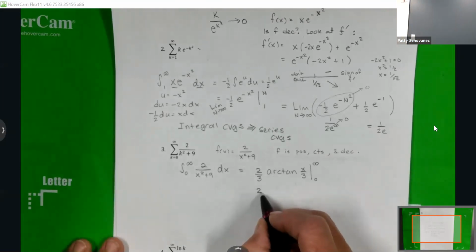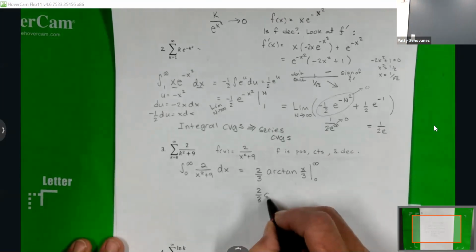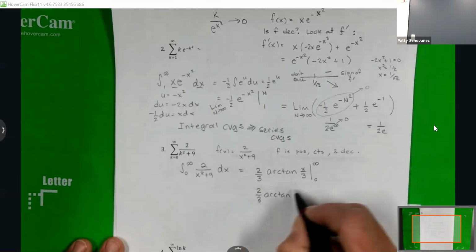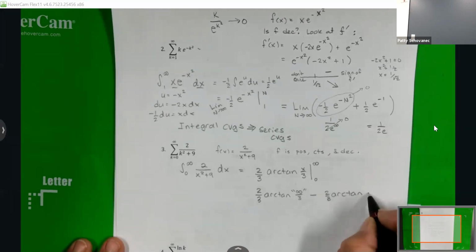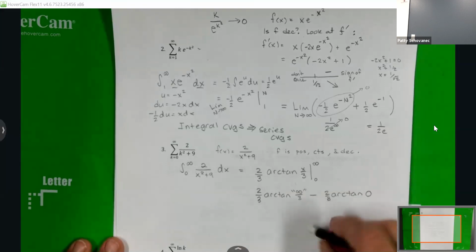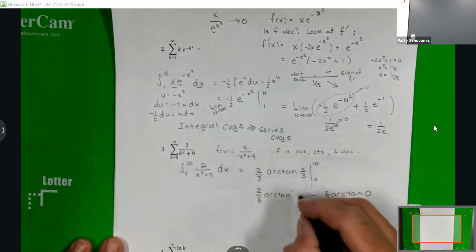So I need to know what happens here. I'm going to put it in quotes to remind you that I am just getting sloppy. Take infinity and divide it by 3, and it's still infinity, so I'm just going to put the infinity here.